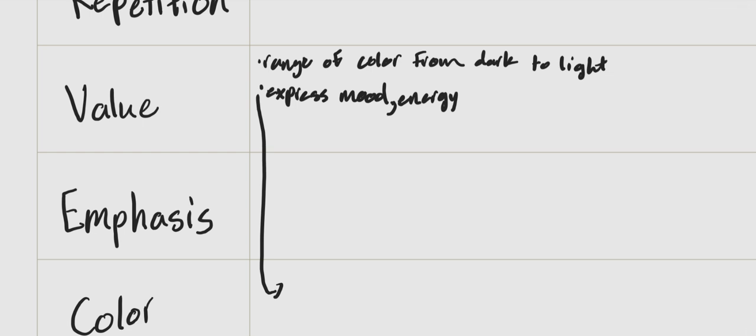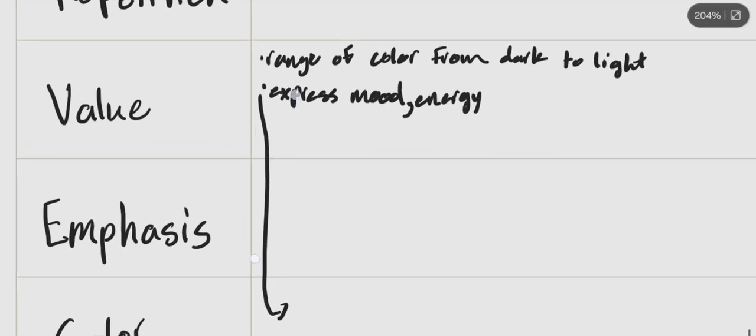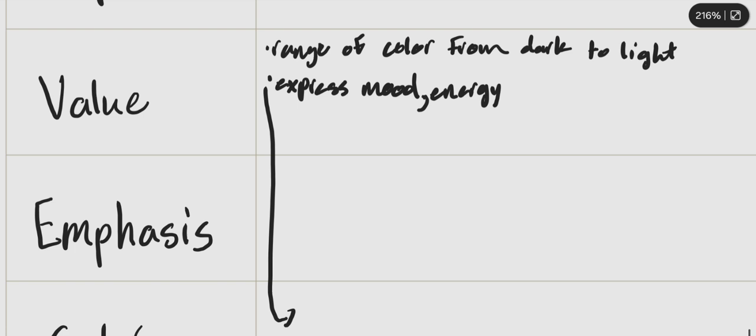is a thing. So we have emphasis, which is the last thing I'm going to talk about, and it's basically your focal point, what you want the viewers to be looking at. So this is the thing that grabs your attention. It's what your eye naturally goes towards. So that's the area that's standing out.